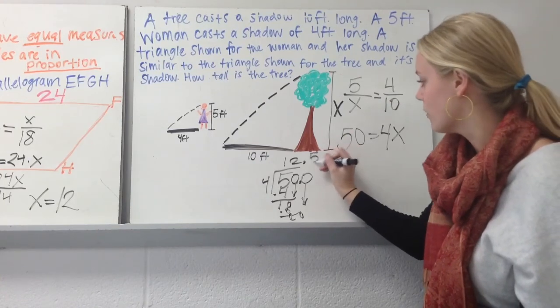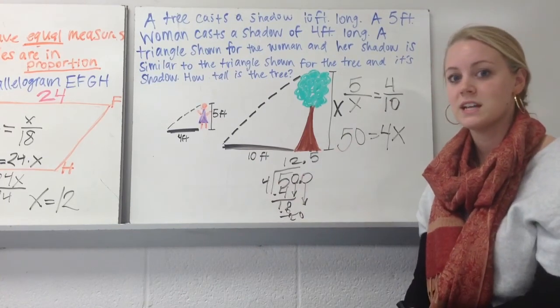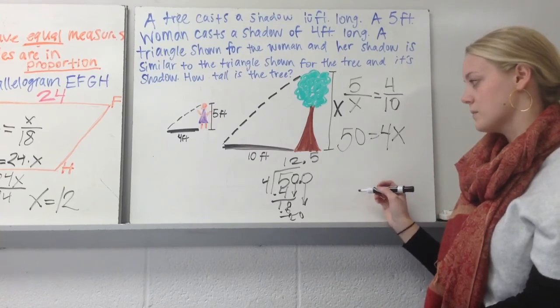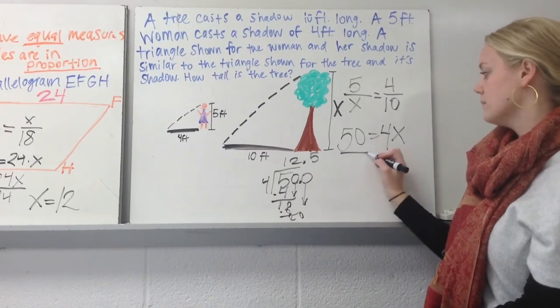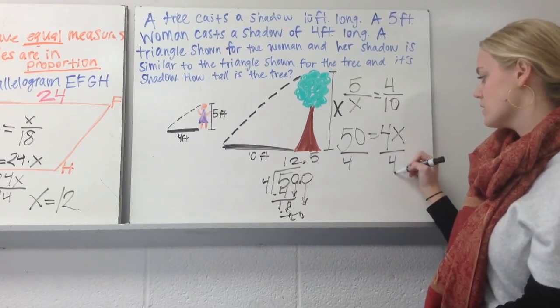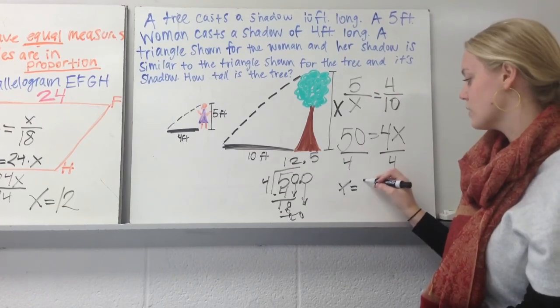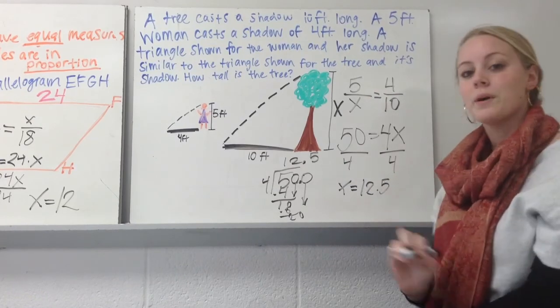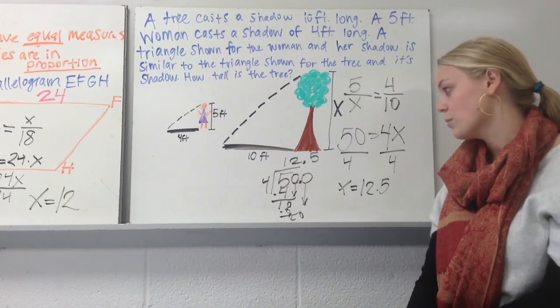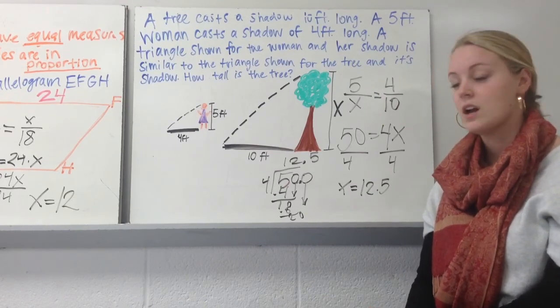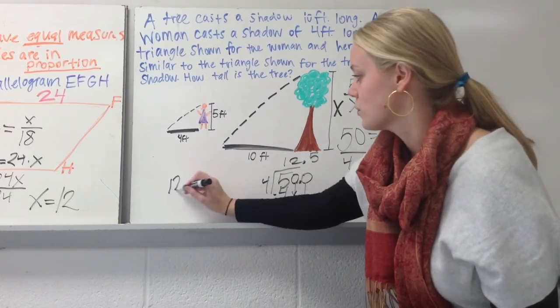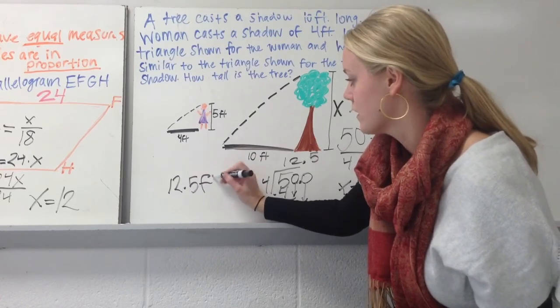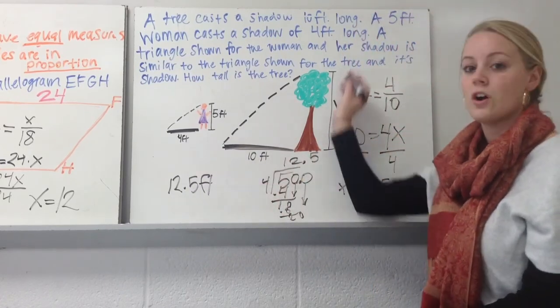So we know that 4 goes into 50 12.5 times. Because we divided by 4 to solve for x, x equals 12.5. But because this is a word problem, that's not our final answer. Our final answer is 12.5 feet. And that is how tall the tree is.